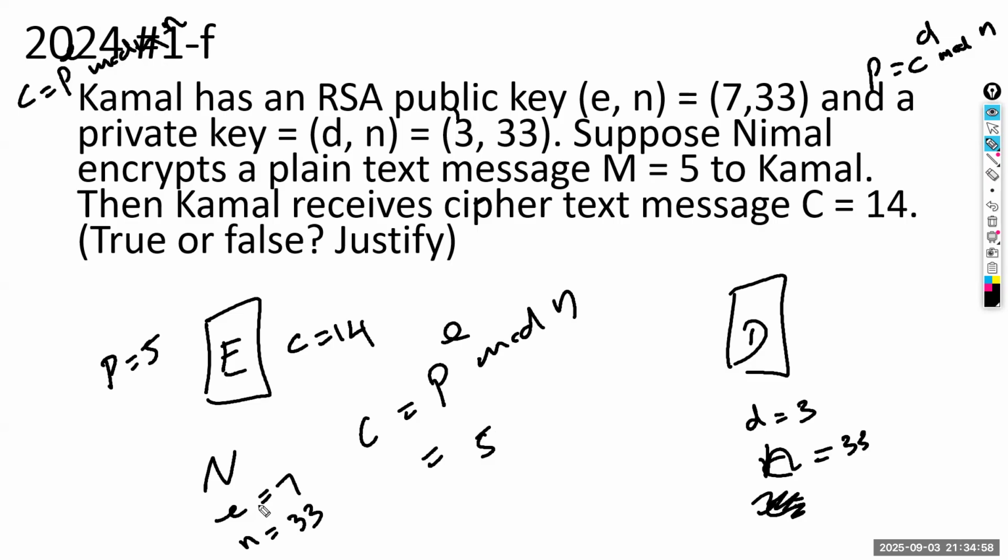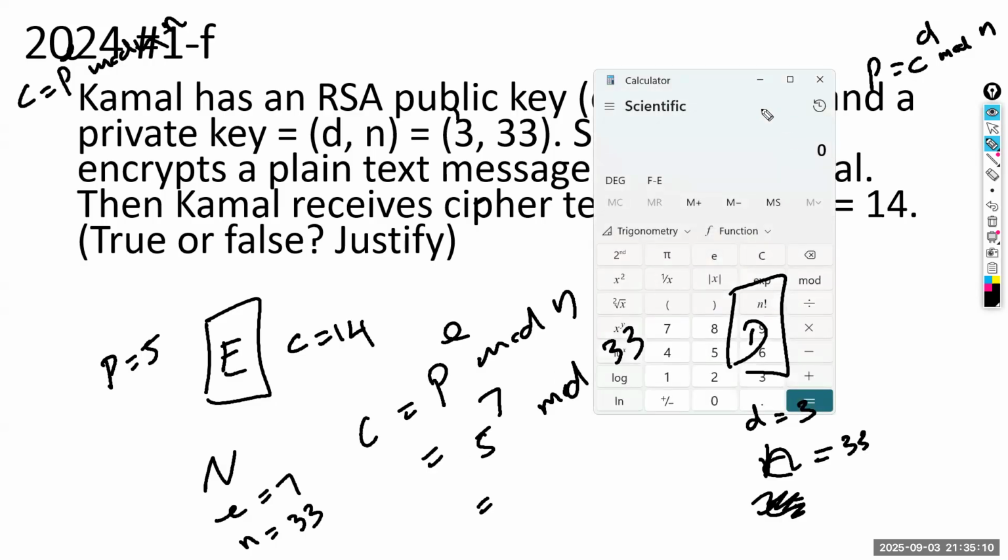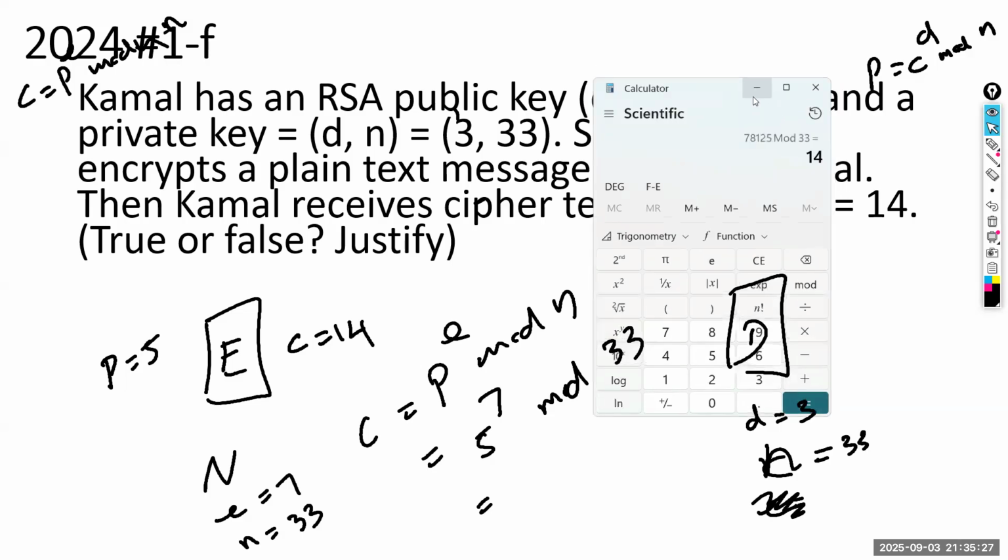5 to the power E, 7. This is part of the public key. Mod n is 33. So calculate 5 to the power 7 mod 33. You don't need to use a calculator, you can divide it by 33, but I will do it fast. And the answer is 14.